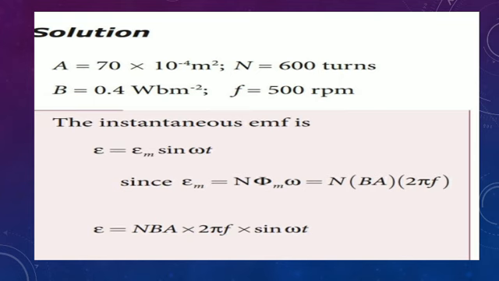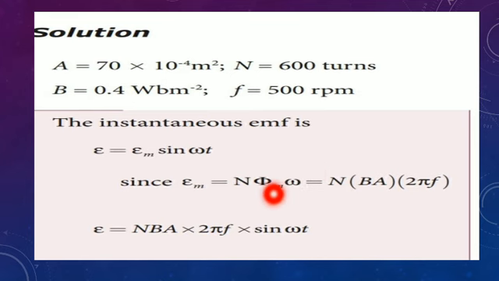From the EMF in a magnetic field formula, E_m is equal to N phi_m into omega. Phi is the flux change, it produces the induced EMF. Therefore, E_m is equal to N, the number of turns, N phi into angular velocity.